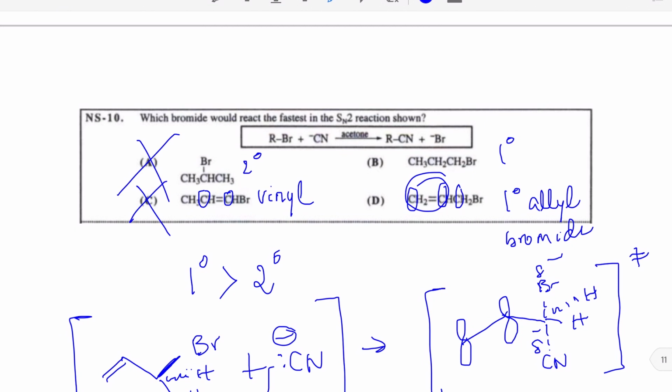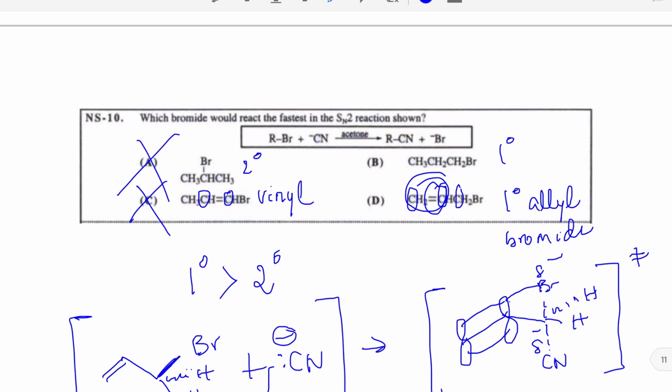And the thing about allyl bromides that makes them special compared to just pure primary bromides is this idea of hyperconjugation. So basically, this is the double bond, right? The double bond that we had seen earlier from the formula. And this double bond actually plays a role in the transition state.